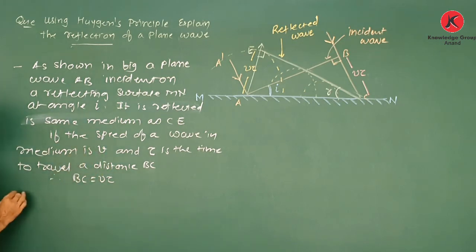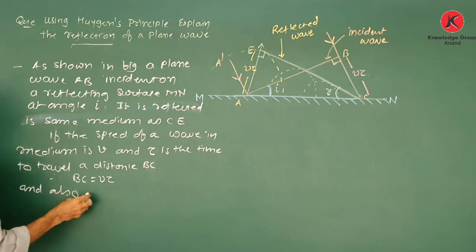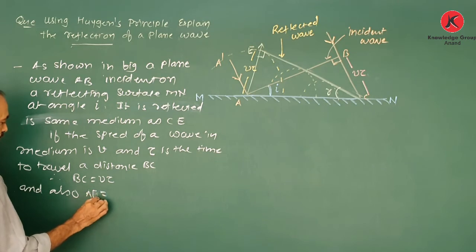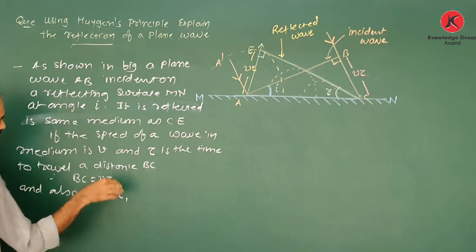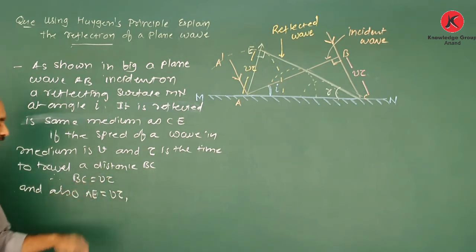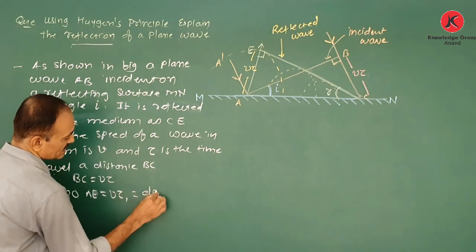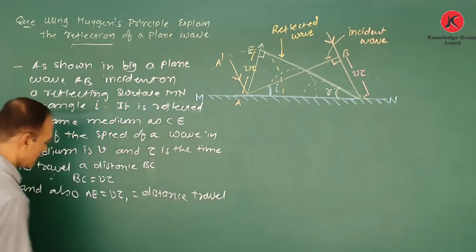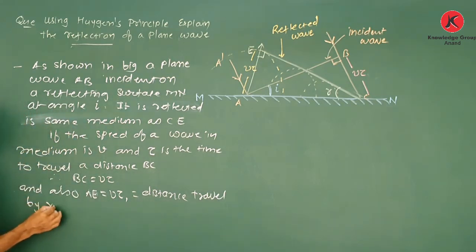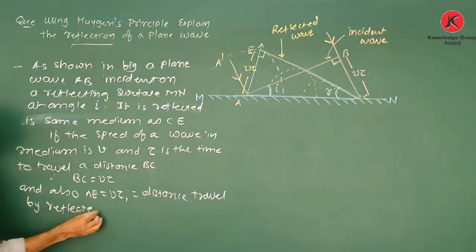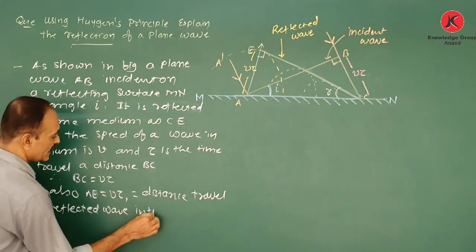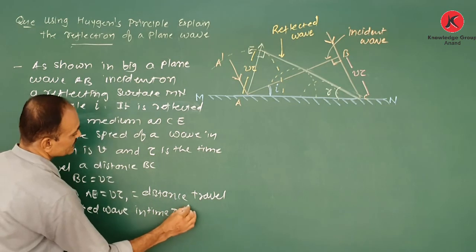And also AE is equal to v into tau, because AE is equal to the distance traveled by the reflected wave in time tau in the same medium.